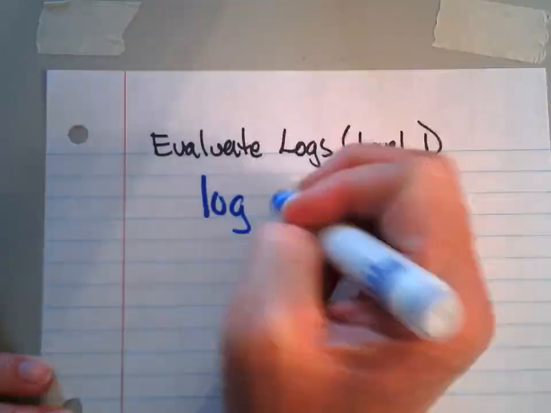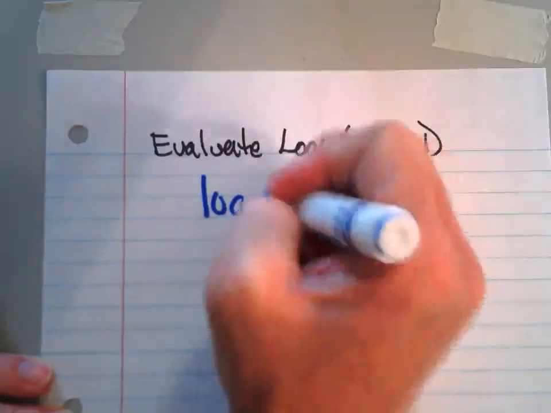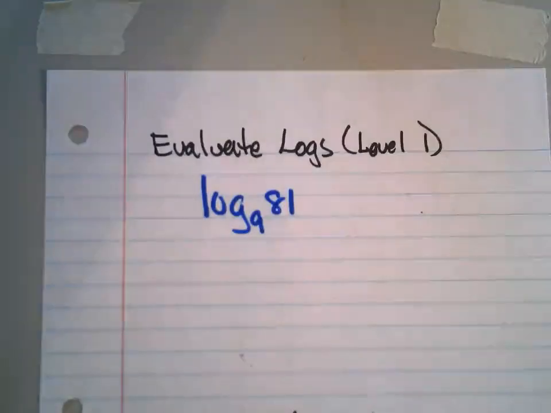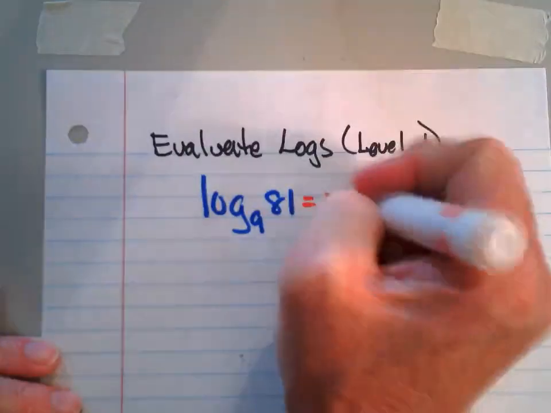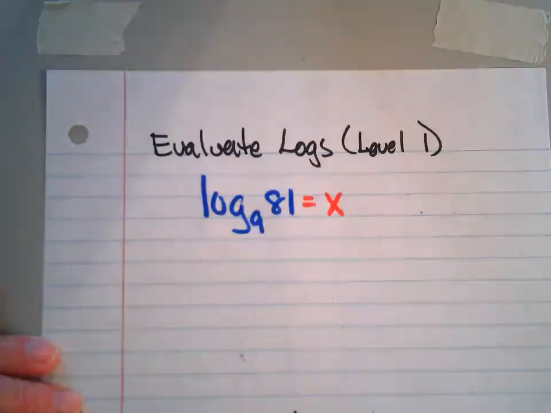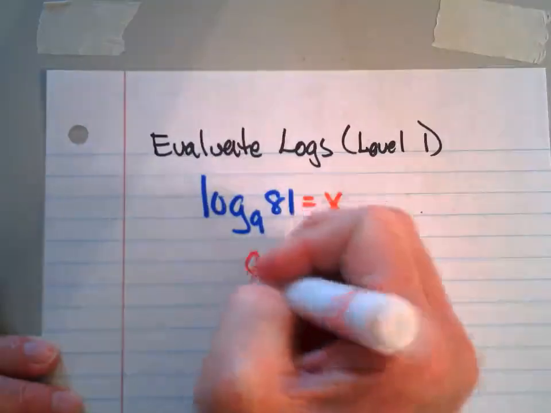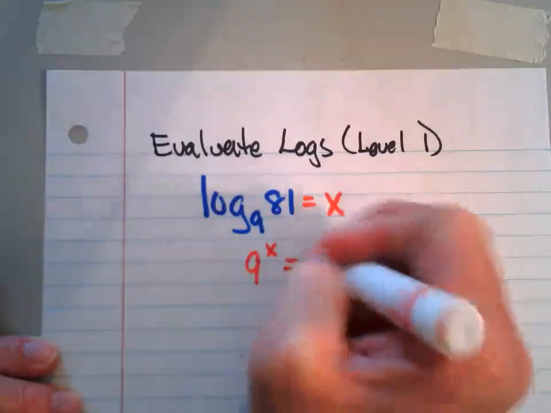So this is, what is the value of log base 9 of 81? I'm not going to be showing you the Delta Math screen anymore, but what we need to do is set this equal to an x value. We will rewrite this as 9 to the x equals 81.